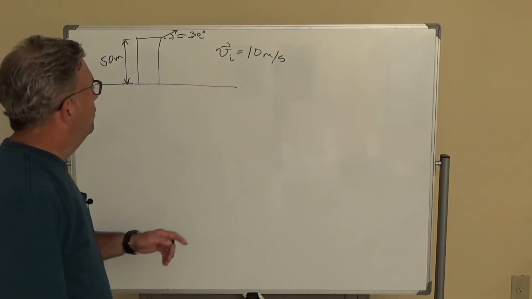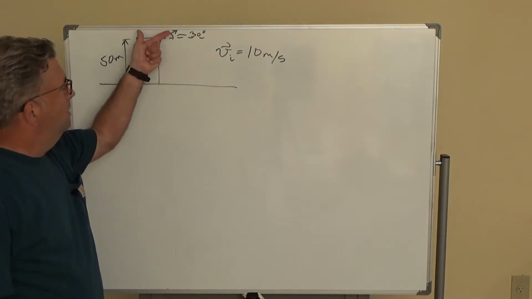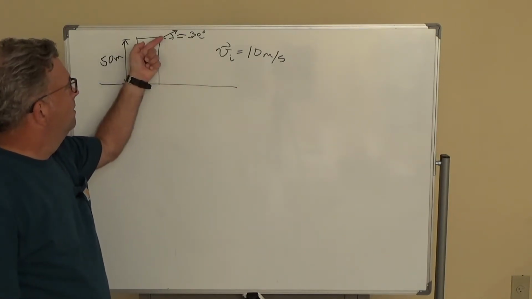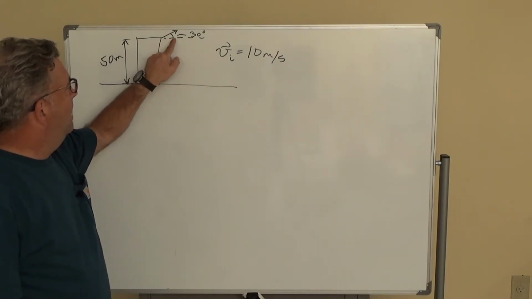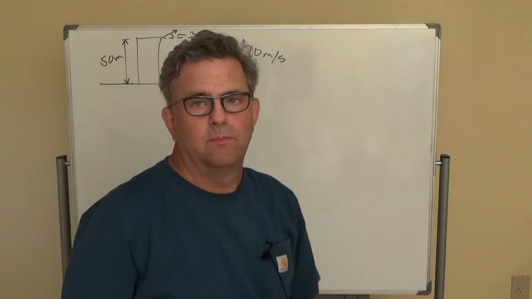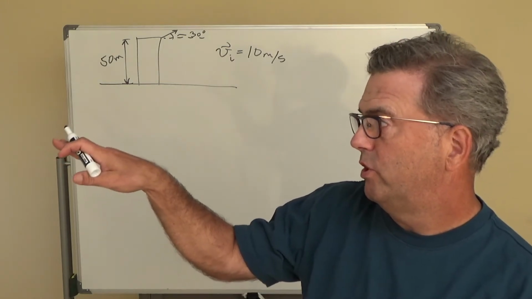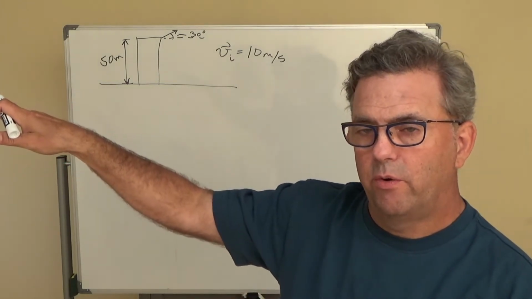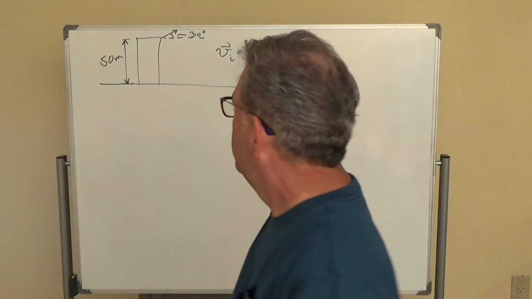So this is an initial velocity that's 10 meters per second, and it's at an angle of 30 degrees above the horizontal. So a fairly shallow angle, 30 degrees above the horizontal.